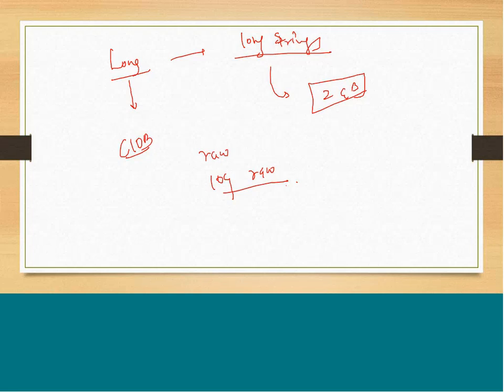LONG RAW means the same, a binary string which can hold up to 2 gigabytes. Then there is TIMESTAMP in MS SQL and from Oracle 8i afterwards, which includes year, month, day, hour, minute, and second.